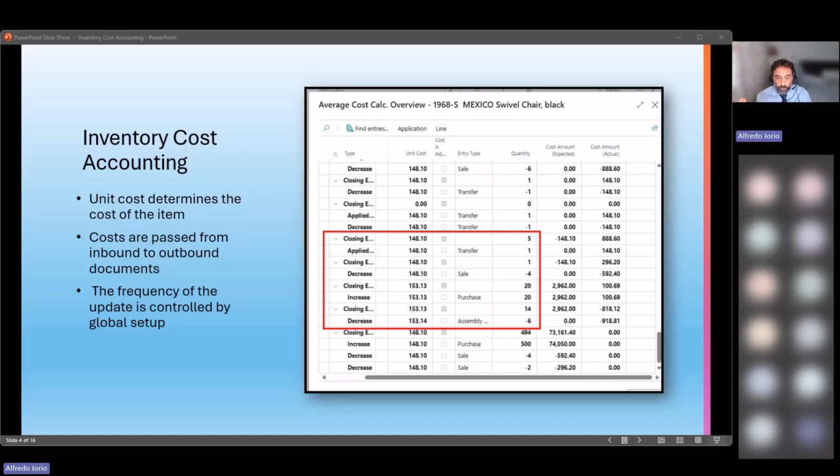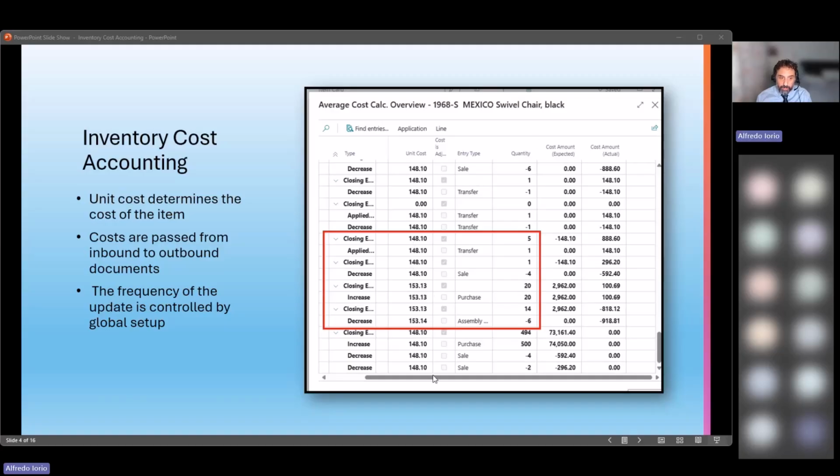Which means if you enable the automatic cost posting and automatic update, you essentially reduce almost to zero the risk of getting costs wrong. So here you can see in this screenshot a typical cost calculation overview. Forget about the fact that it shows average cost calculation overview. It's just terminology.